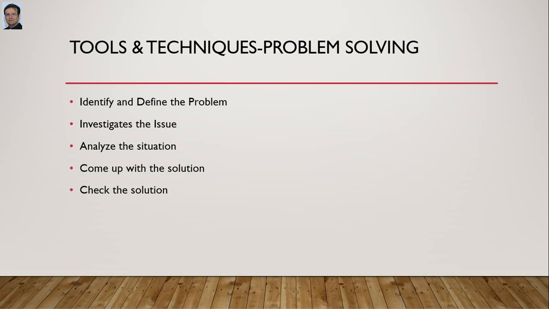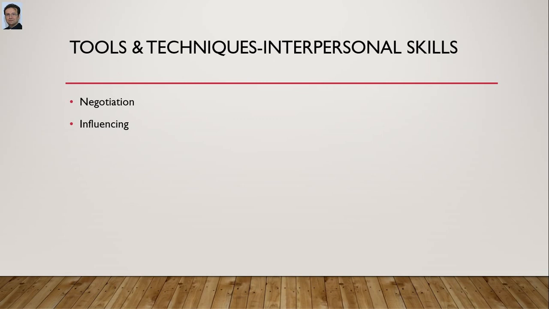Next is interpersonal skills. These skills are called soft skills, which include negotiation and influencing. The project manager may need to negotiate for additional physical resources with the functional manager, changes in physical resources, or costs associated with the resource.